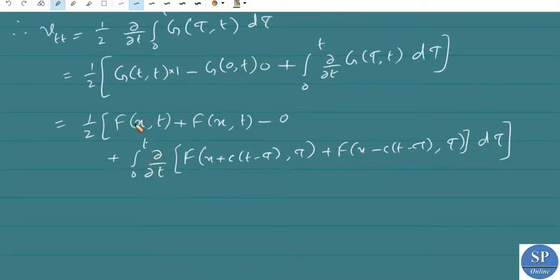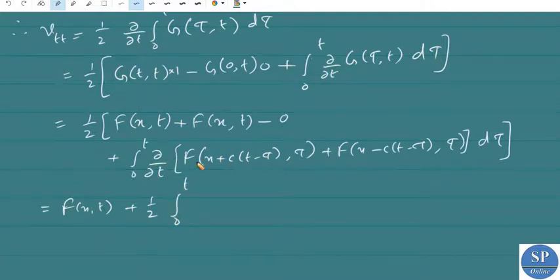Now we have f(x, t) plus f(x, t) divided by 2, that is 2 f(x, t) divided by 2, that is f(x, t), plus here 1/2 times the integral from 0 to t.